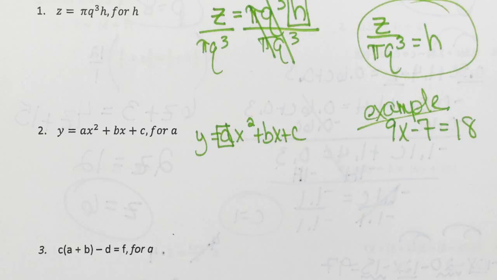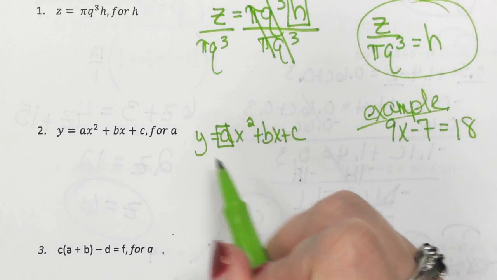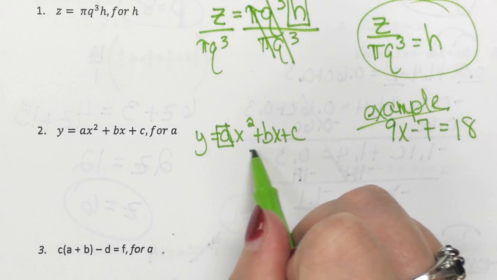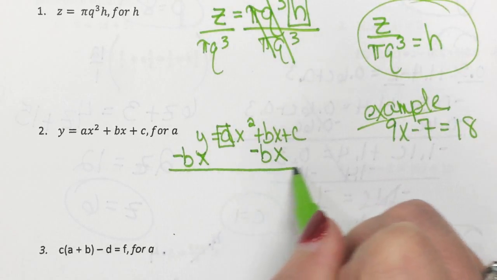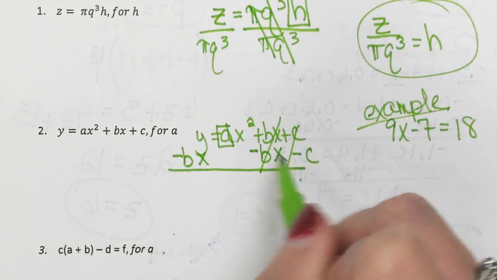All right, what y'all do first on number 2? You'd minus the bx. And what else could you go ahead and subtract? Subtract the c. Yep.